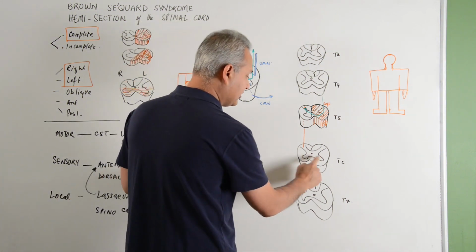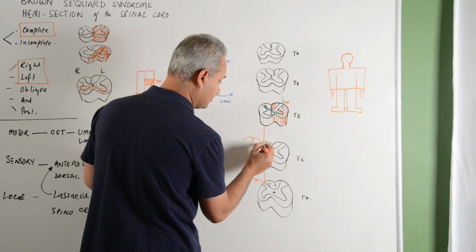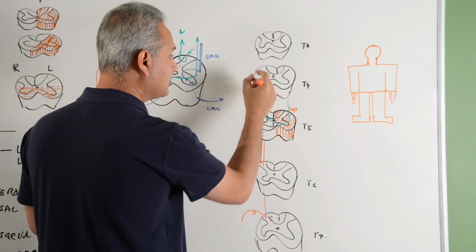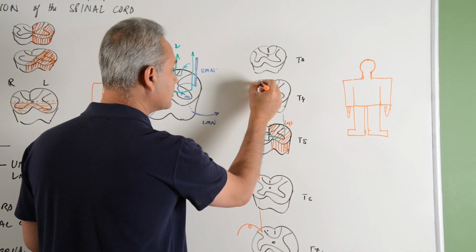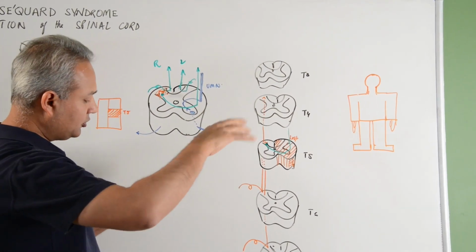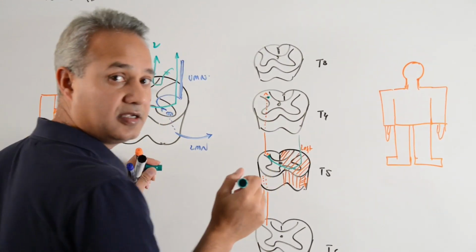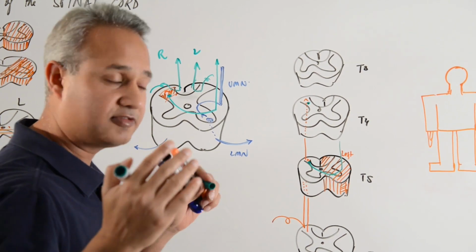Now let's take the fibers from T6 as well. T6 fibers will come in, ascend up on the same side, 2 segments up. So they would keep going and relay 2 segments above. Then the second order neuron will originate from here, that is the Clark's nucleus or nucleus proprius, any one of these 2 nucleus.